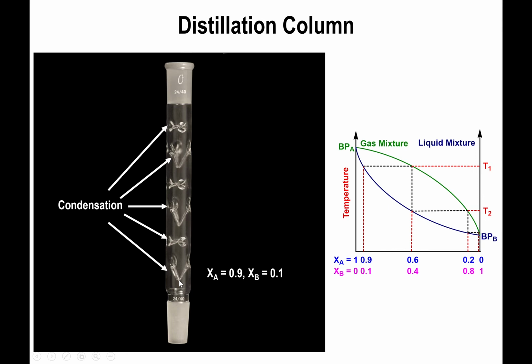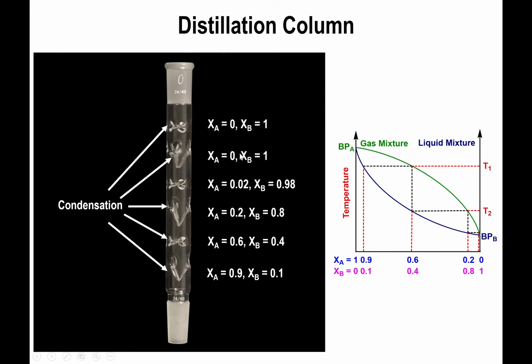In the process of the recondensation, you enrich the amount of B, which has a lower boiling point than originally the mixture had. So then that re-evaporates and goes up to the next spike, which then proceeds to recondense, enrich B, lower the boiling point, which then goes on to re-evaporate that mixture, and this goes on and on until you have pure B, right? And you just collect it.